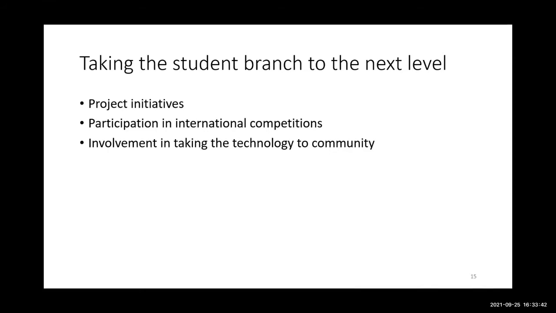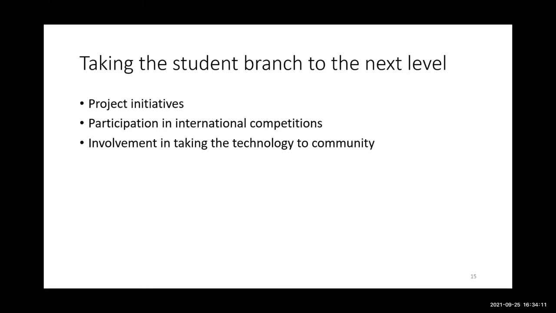However, as members of the IEEE student branch, as a team, we can have a different sort of project. These projects need not start in the final year. They can start, for example, in the sophomore year, the second year. You can start early on. Once you choose your fields, you can start some project based on some good ideas.